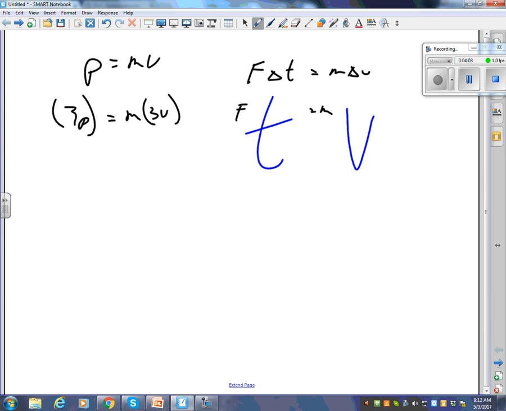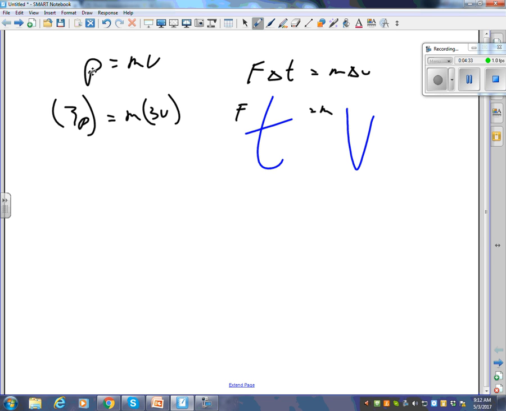The opposite is number 15. Many vehicles today have crumple zones. How does this feature protect the occupants of the car? The crumple zone is the reverse of follow-through. It increases the time of contact, and since the mass and the delta V are the same, if the car's doing 60 kilometers an hour and it has to come to a stop, what is your delta V? It's 60 minus 60, regardless of how long it happens.